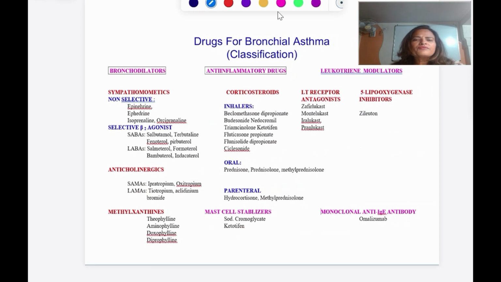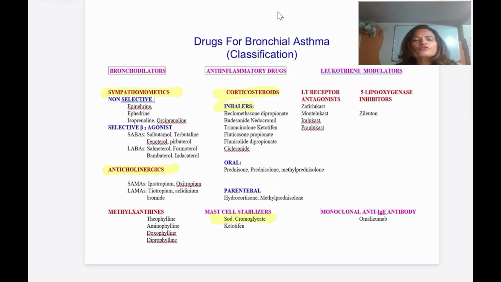Now, most of the drugs which you can see on this slide are available in inhalational form. So what all drugs do we have in inhalational forms? Under the bronchodilators, we have sympathomimetics, anticholinergics, corticosteroids which I have already told, and then the mast cell stabilizers.